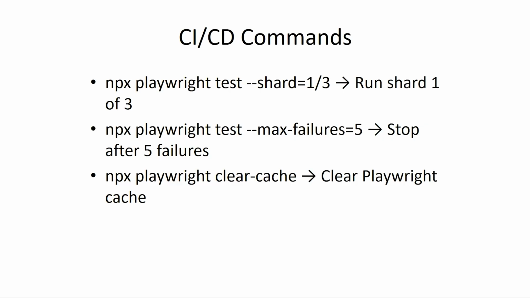The benefits of Playwright CLI commands: faster workflow. You can run tests, install browsers, and create projects by using these commands. CLI commands can easily be integrated directly into CI/CD pipelines like GitHub Actions or Jenkins.